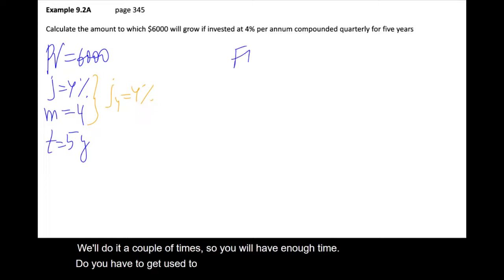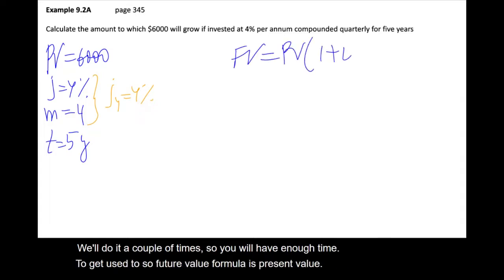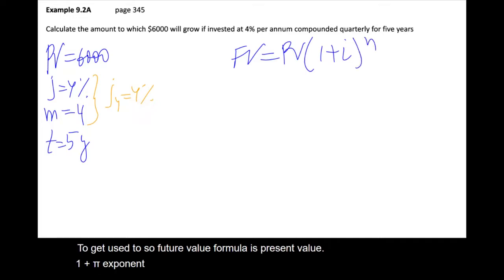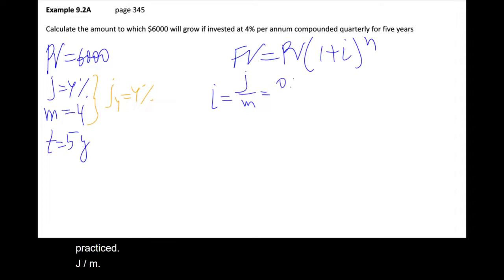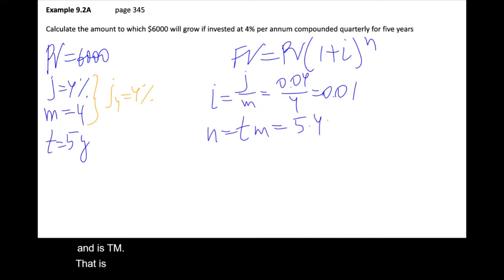So future value formula is present value times 1 plus I exponent N. We have to perform calculations we already practiced. J over M, that's 0.04 over 4, 0.01. N is Tm, that is 5 times 4, which is 20, right?